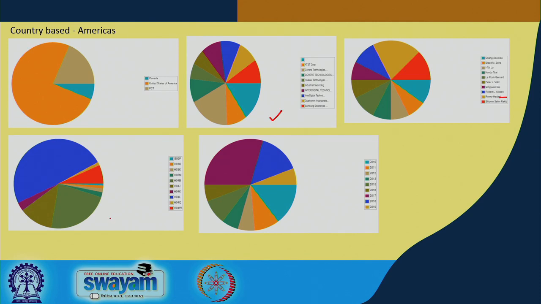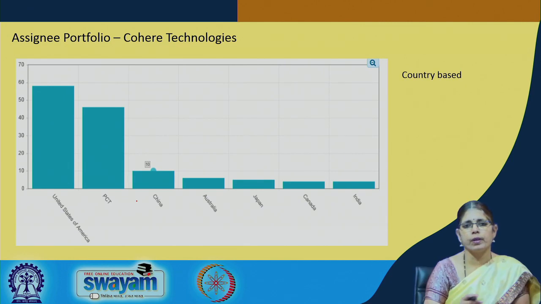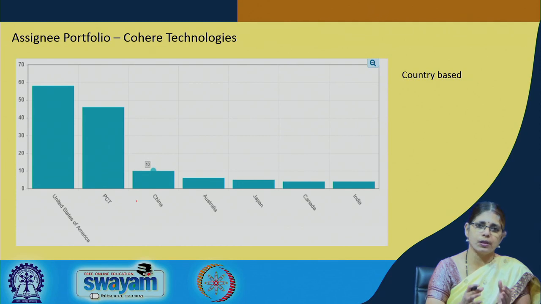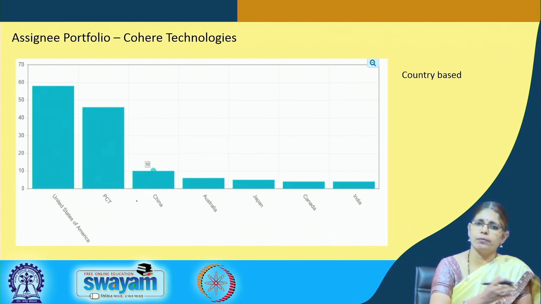And again, you have the classification based spread of the data distribution and the publication year based distribution. If you look at the assignee portfolio in relation to Cohere Technologies, here we are looking at Cohere Technologies specifically. That means the next option that we have invoked is the assignee based portfolio. The assignee portfolio similarly can be done like in the case of Anato, where we have looked at the assignee based portfolio.